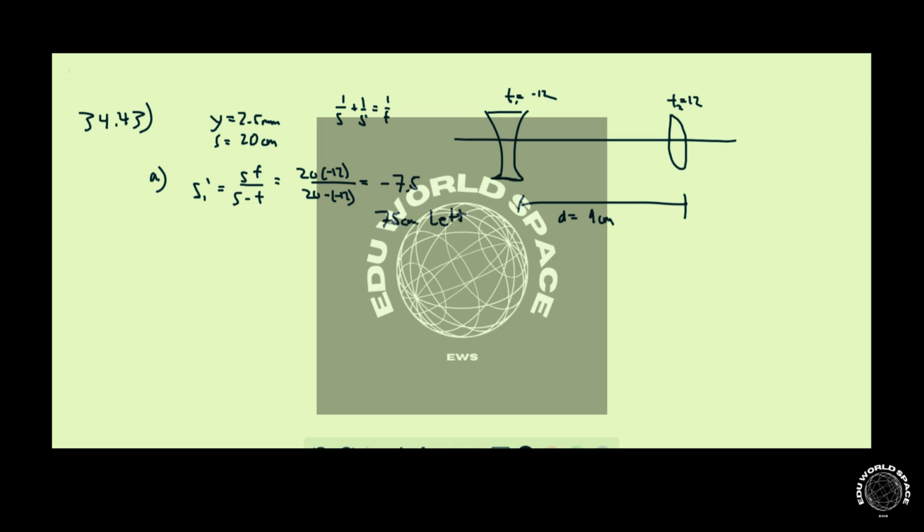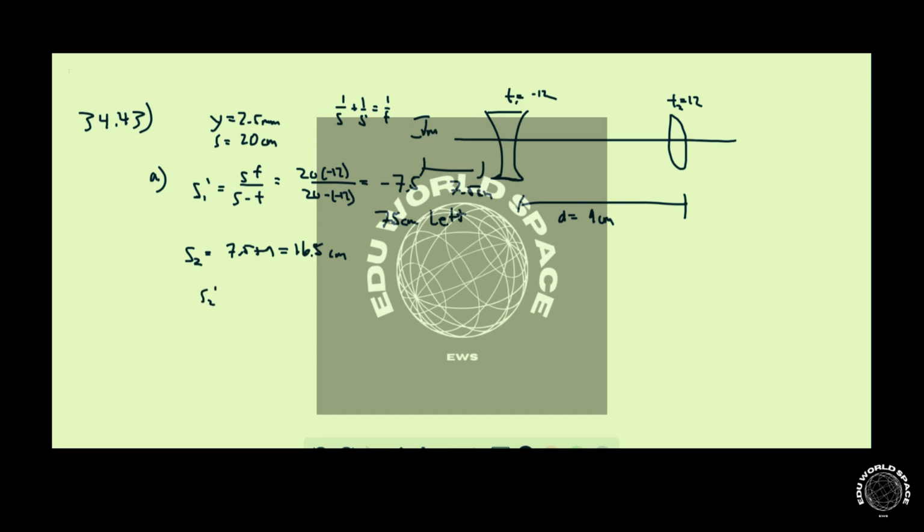Now we need to figure out what S2 is. S2 is how far the first image is from the second lens. So this is 7.5 plus 9 to get to the other lens, so 16.5 centimeters.